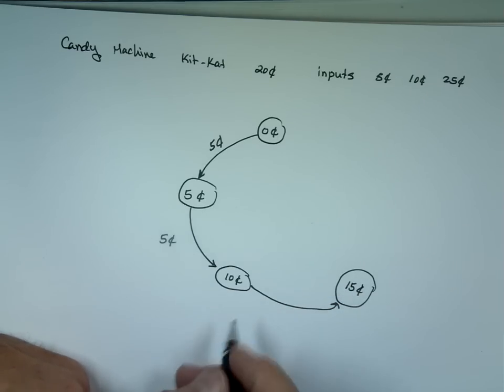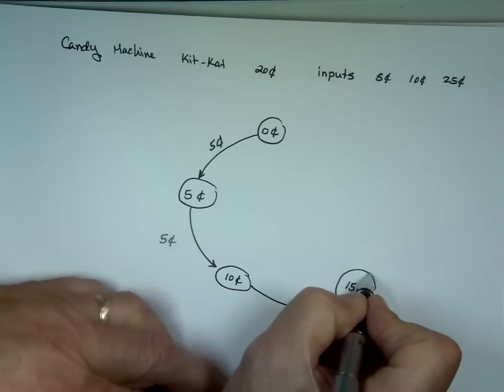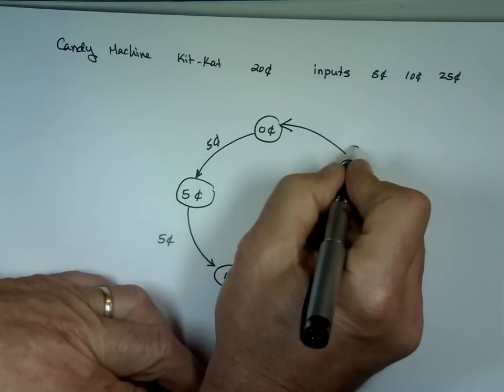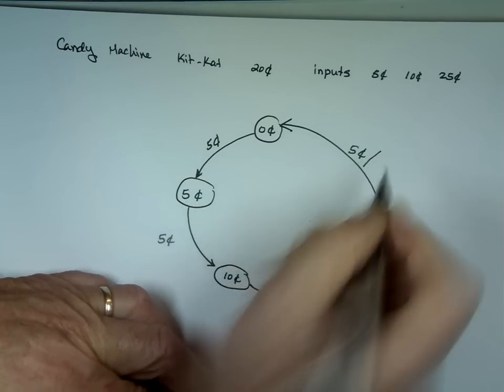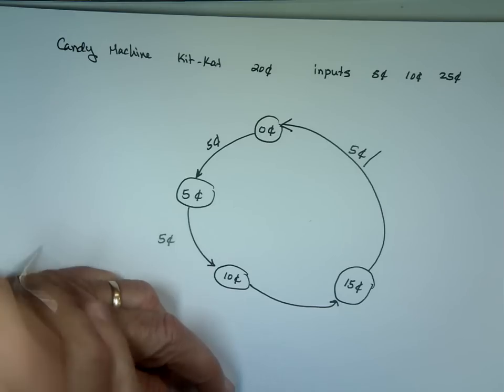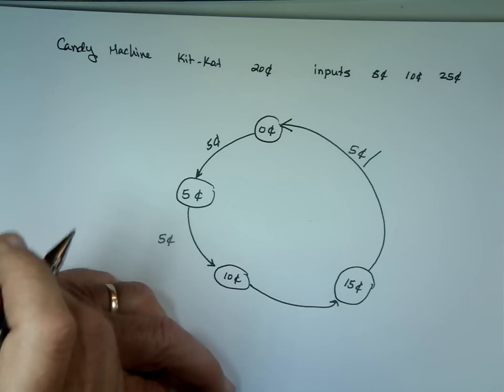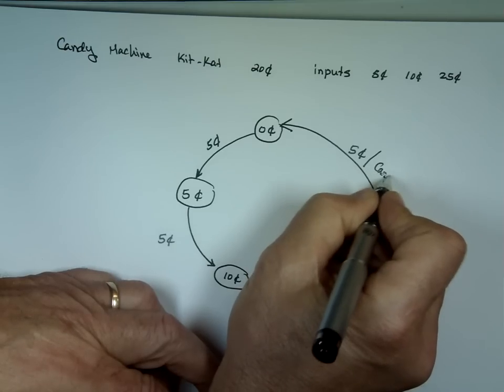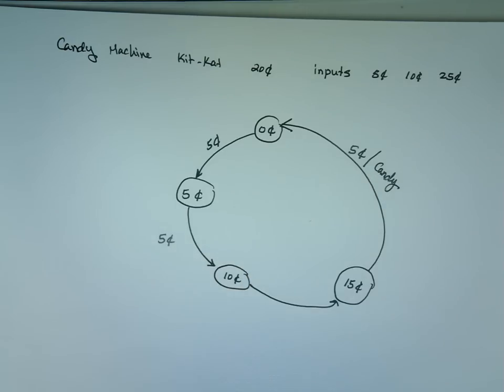And if you're at the 15 and you put 5 cents, what will happen? Oh, it's 20, I thought it was 25. It's going to give you what now? One candy, right? You get a candy. It should spit a candy out, and go back to the beginning.